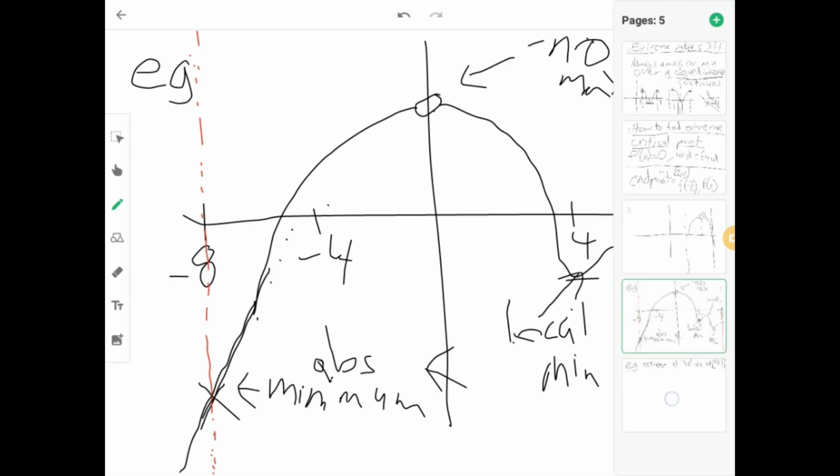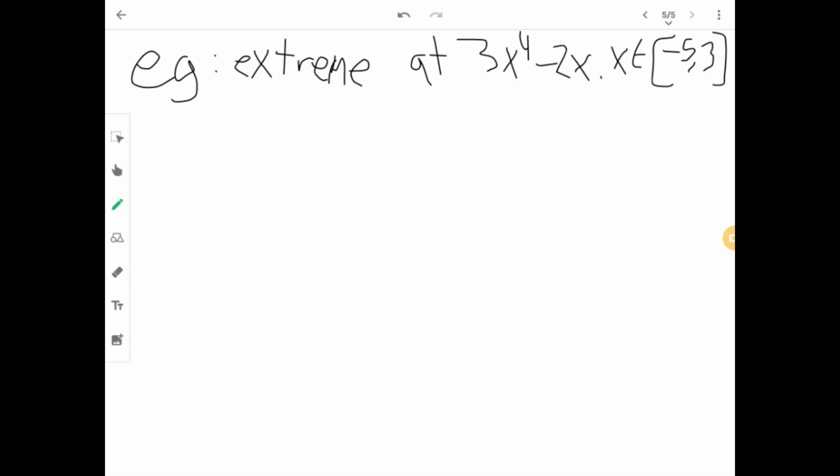And then another example where the graph is not given. So to find the extremes, like we said, you check critical points and endpoints.